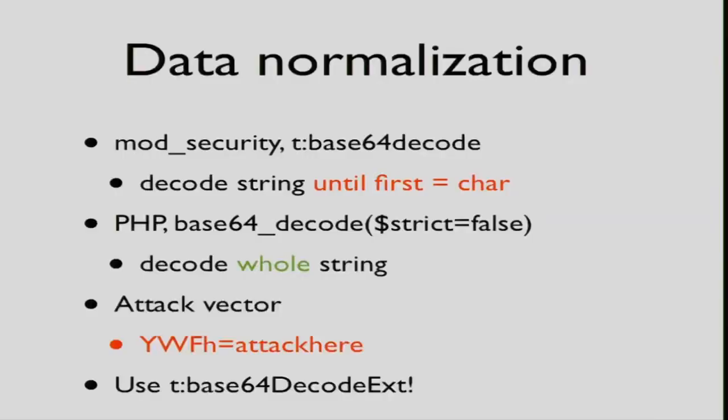Here's another good example. ModSecurity: a base 64 decode will be checking the string for union select. It won't be able to find anything there. Union select fits into base 64 format, and the application will be unaware of that.